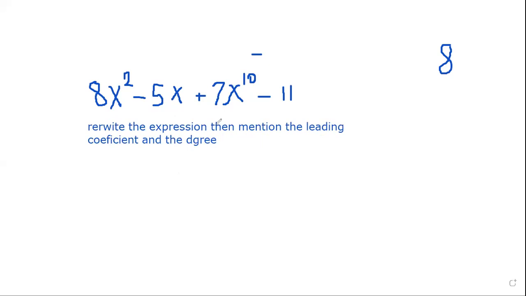Okay, so the first one, the coefficient is 8. Now, first we said rewrite. So we have to rewrite. If we want to rewrite, you have to write them in descending order according to the highest degree. Which one is the highest degree here? 7x to the power of 10.